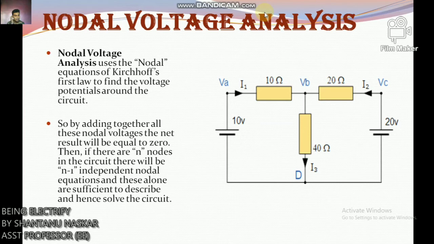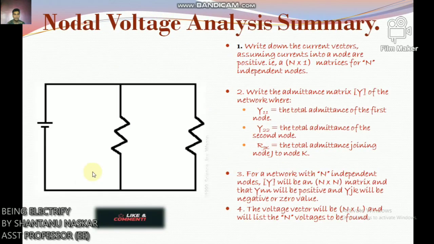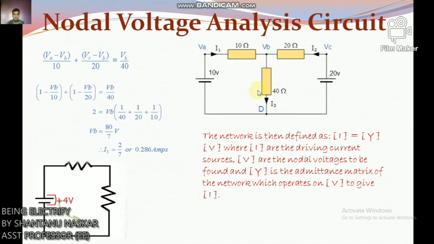So for example, consider the circuit from the previous section.